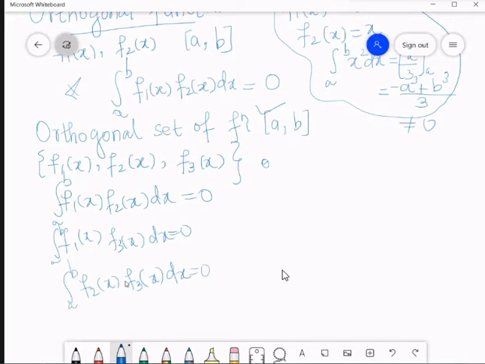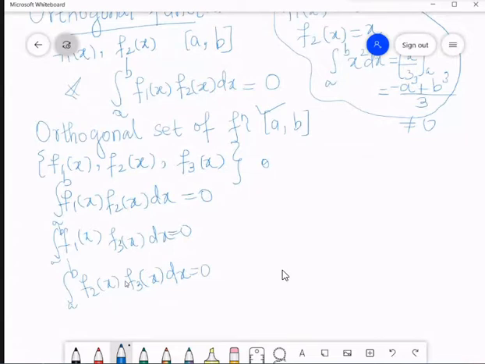Anything else possible over here? What about 2, 1? It is the same as the product of f1 with f2. So we have covered all these three. If I take two different elements from this set, these three cover all the possibilities here.